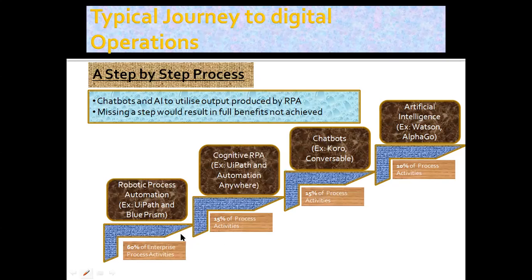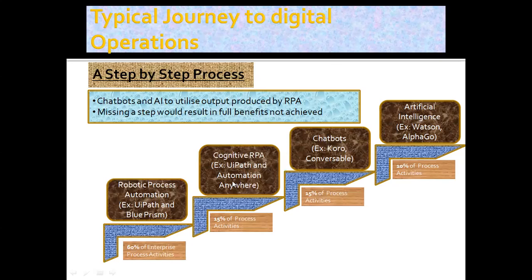If you see down here, 60% of the work you can do with robotic process automation. That could be either UiPath or Blue Prism or Automation Anywhere, WorkFusion, OpenSpan, Pegasystems, or any RPA tool you take. After that, the next 15% of process activities will be in cognitive RPA. Cognitive activities also came in UiPath and Automation Anywhere, but not in Blue Prism.